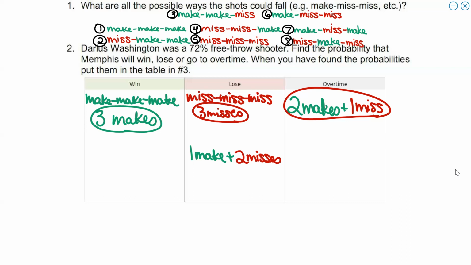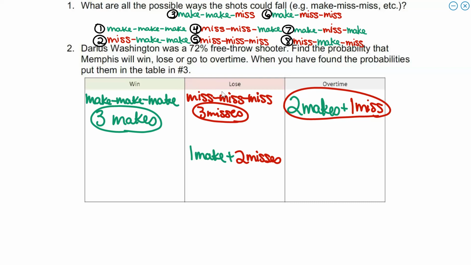All right. So I want to look at these probabilities, the ones that I have circled in black here. We're going to write those down in the table for number 3 across that top column. So the probability that it is a win is 0.373.